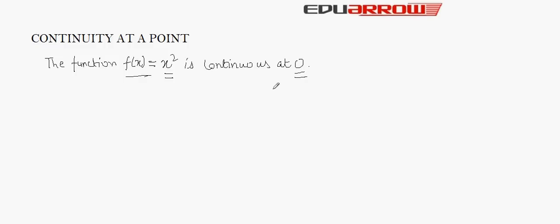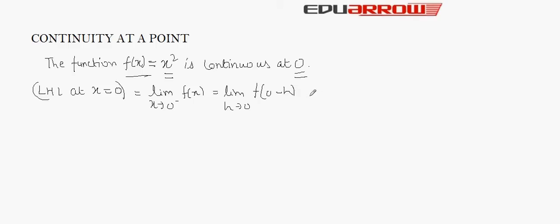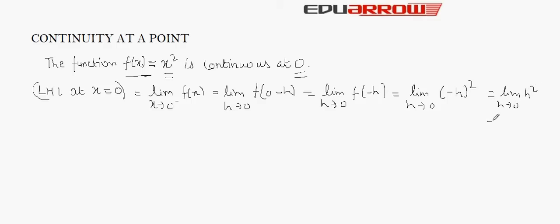First we will find the left hand limit at x = 0, which is limit x tends to 0 negative f(x), equal to limit h tends to 0 f(0 minus h), which is equal to limit h tends to 0 f(minus h), which is equal to limit h tends to 0 (minus h) whole square, which is equivalent to limit h tends to 0 h square, equal to 0.